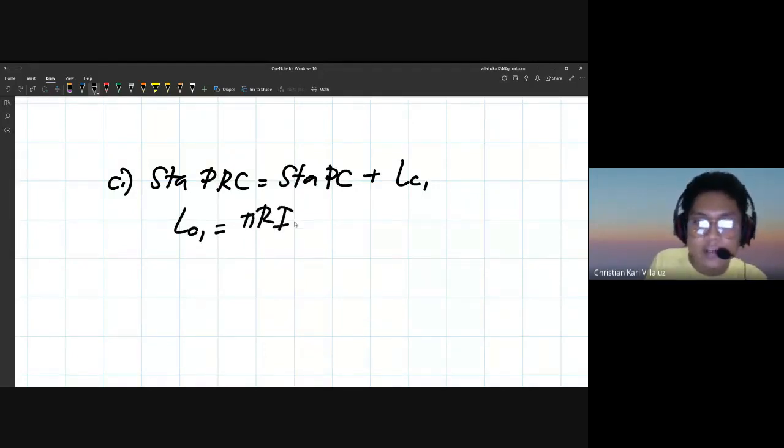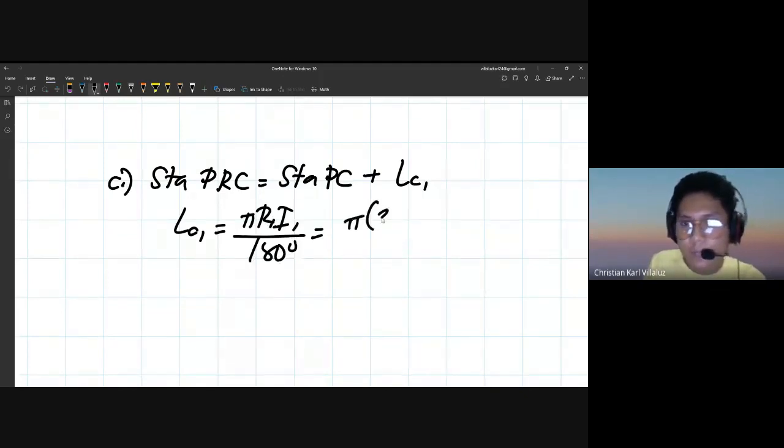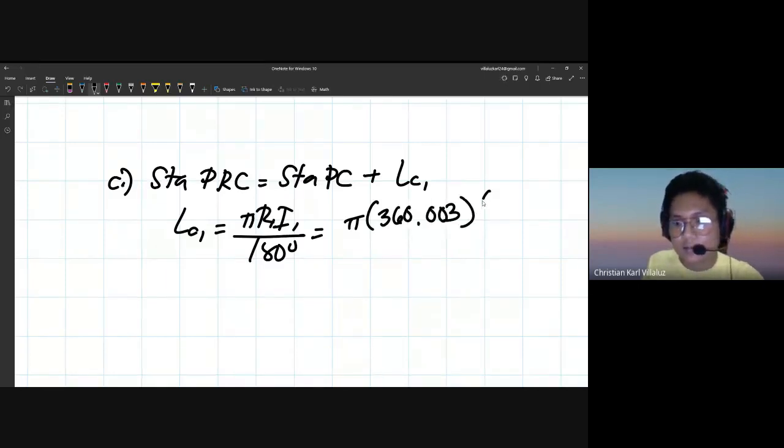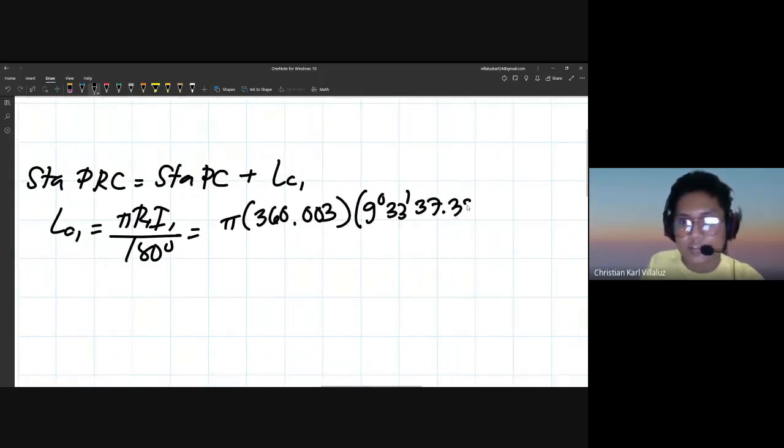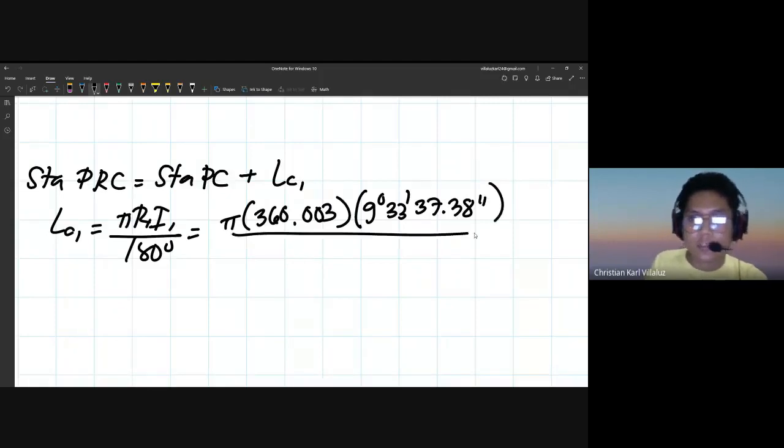So, pi R1 I1 over 180 degrees. So I have pi times 360.003 times 9 degrees, 33 minutes, and 37.38 seconds to be divided by 180 degrees.